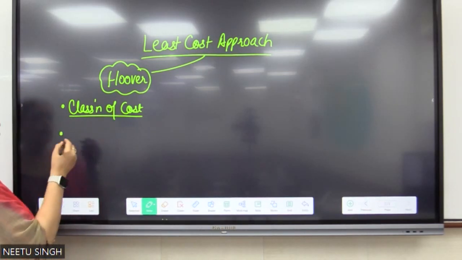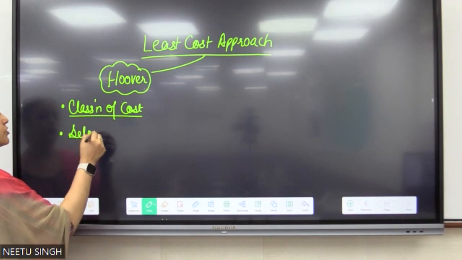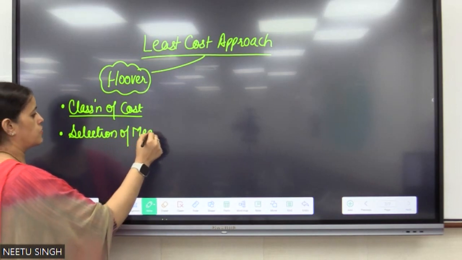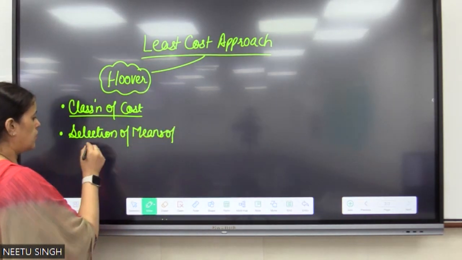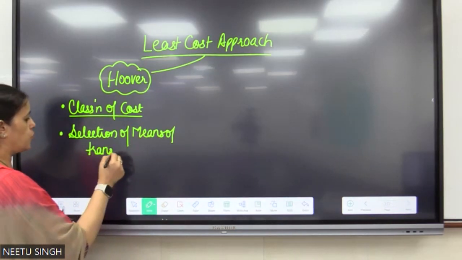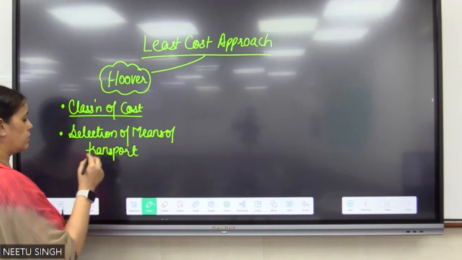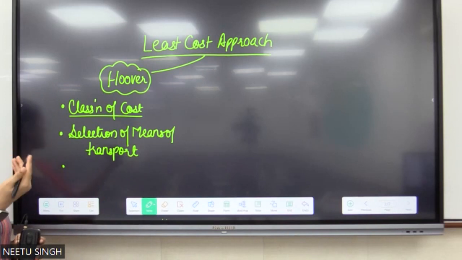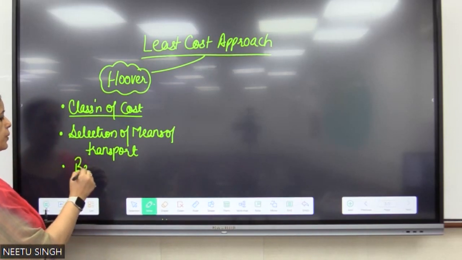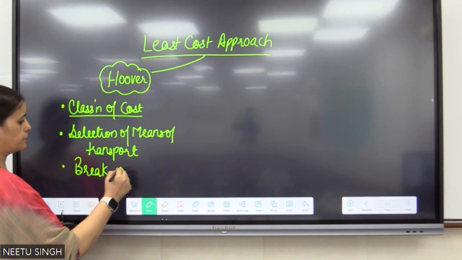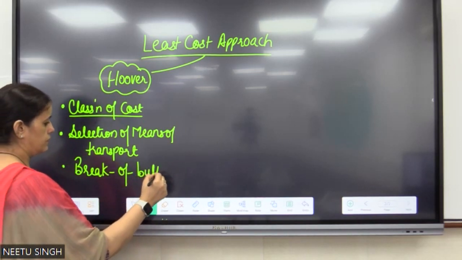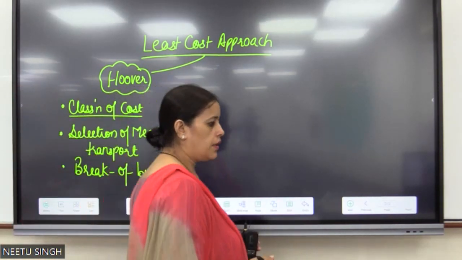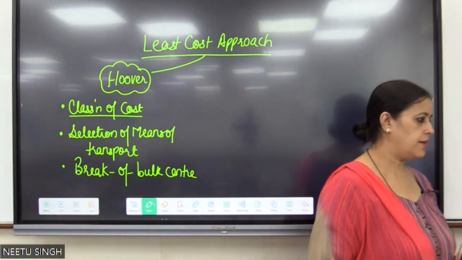Number two, based on classification of cost, he talks about selection of means of transport, because even the selection of means of transport will make you minimize your cost of production. और इसी का extension उसके साथ लिख सकते हो, अलग बना लो, recognition of break of bulk centre.